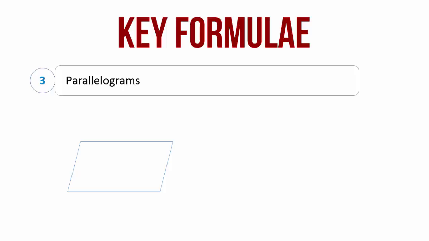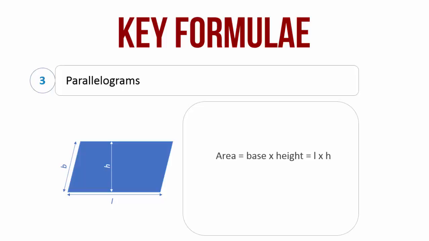Let us say that the longer side of the parallelogram is denoted by L and the shorter side is denoted by B. The area of the parallelogram is given by base into height. Now base would be any one side of the parallelogram. Height is the distance between this side and the side that is parallel to it. That is, the distance between the two parallel sides is the height. The perimeter of this parallelogram, like a rectangle, is 2 times (L plus B).